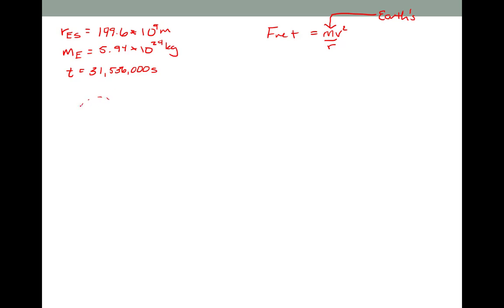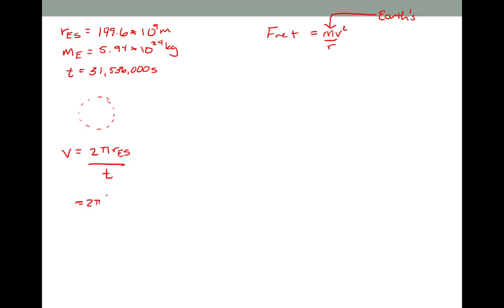So if we think about this, here we have a circle. The distance around that circle is 2 pi times the radius, and it's the Earth-Sun distance, which is the radius, divided by the time. And that gives me the speed, the magnitude of the velocity with which this planet is orbiting the Sun. The Earth is orbiting the Sun.